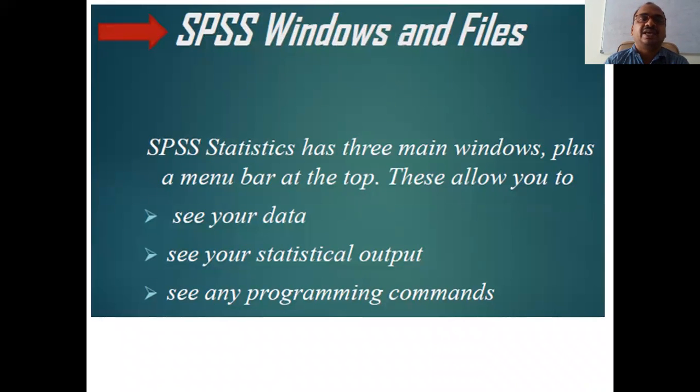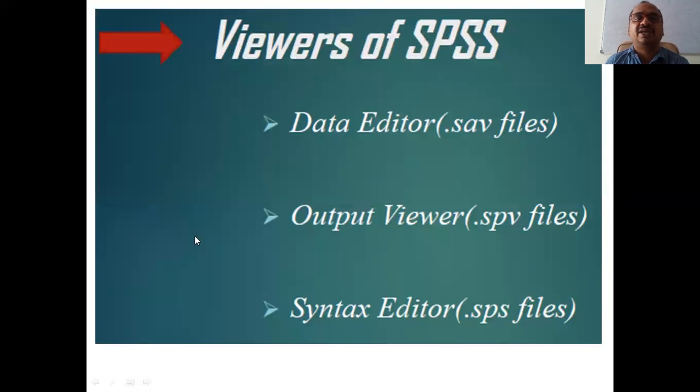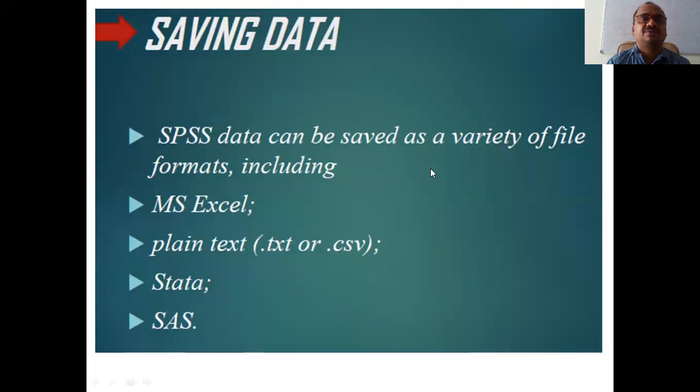SPSS statistics windows, these three are important. See your data, see your statistical outputs, see any program commands. Data editor, output viewer, syntax editor. These are the viewers of SPSS. Three views are there. However you want, you can see that.